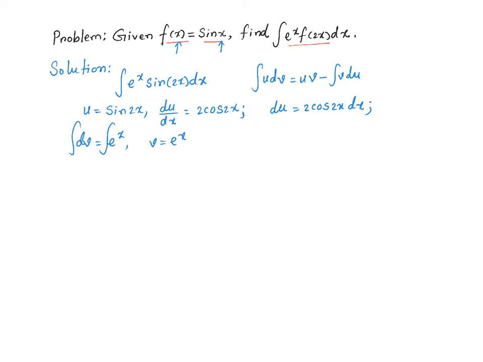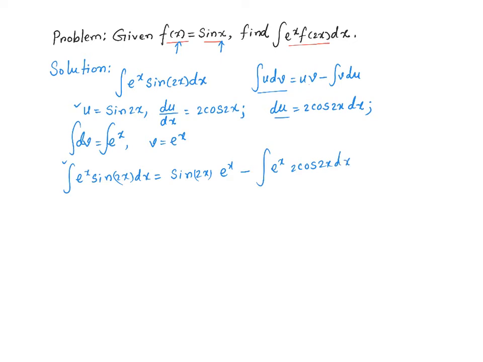Now I can write the integral e to the power x sine of 2x dx is equal to uv minus integral v du. u is sine of 2x, v is e to the power x, and my du is 2 cosine of 2x dx.